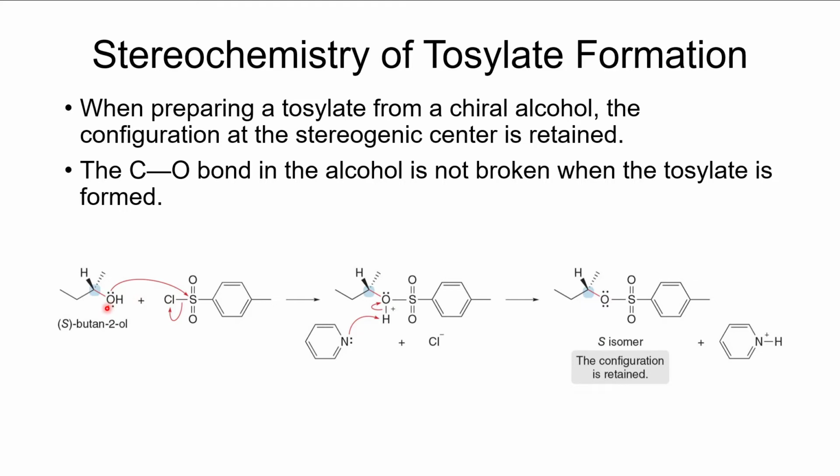So we just make a new bond between the oxygen and sulfur, break the bond between the chloride and the sulfur, and we'll get this. The pyridine comes in and deprotonates and gives us our tosylate, and you'll see that the stereochemistry of that carbon has not changed. That is kind of convenient. We can use that to our advantage. And here is the pyridinium, which is the conjugate acid of pyridine.